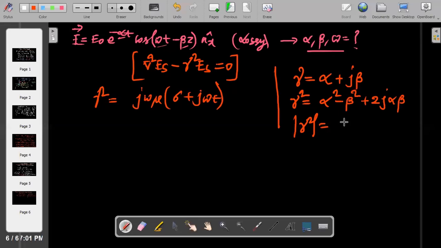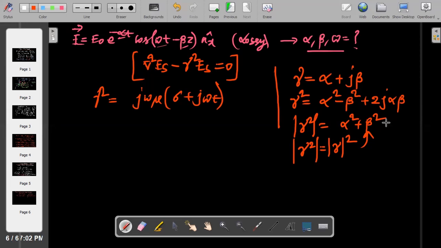Mod of gamma square is nothing but alpha square plus beta square, or we can write mod of gamma whole square. Both are same. So this is nothing but your alpha square plus beta square. Now don't ask me how it is like that. Because this modulus is there, it is nothing but root over alpha square plus beta square, so the square will be alpha square plus beta square. Right? Very simple.